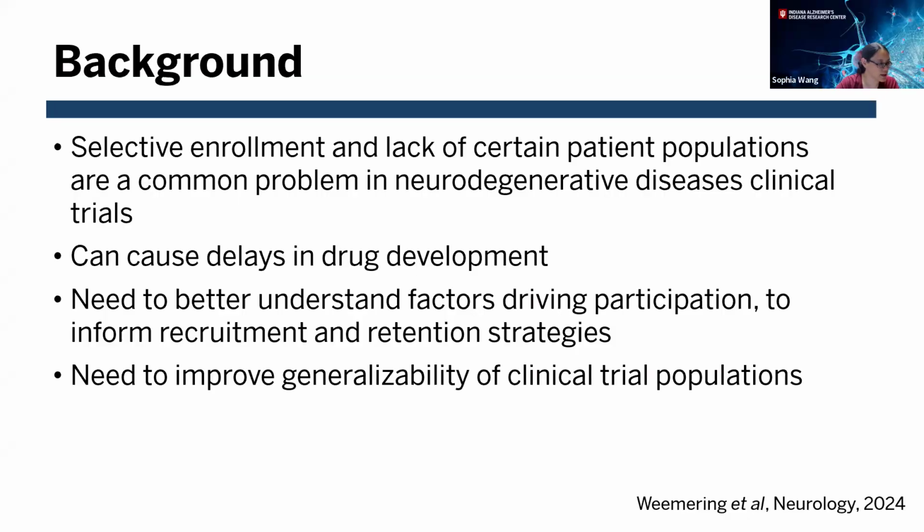As many of you know, it can be very challenging to enroll certain patient populations in clinical trials for neurodegenerative disorders. This is probably one of the biggest delays in drug development, because recruitment often doesn't happen as quickly as we anticipate. Trials take a lot longer than we hope, so we need to understand the factors that drive participation.